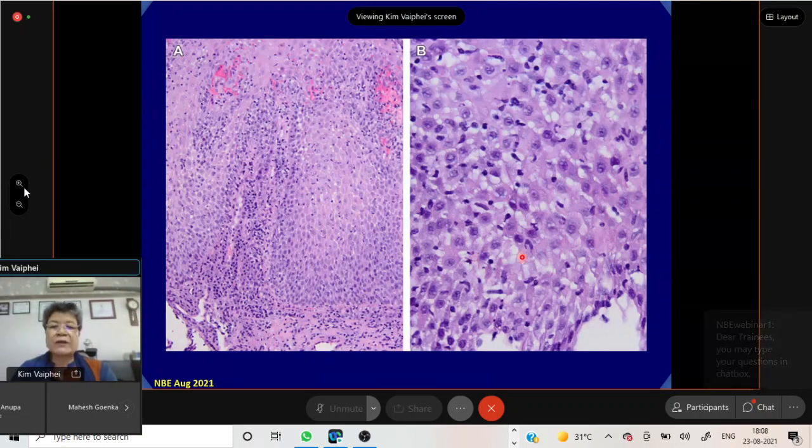So depending on the duration of the disease, one will have this kind of inflammatory cell infiltration. Eosinophils are not always a must in order to make a diagnosis of reflux esophagitis. Along with that, one can also have lymphocytes. And if there is associated ulceration or some other superadded infection especially, then one can also have neutrophils.